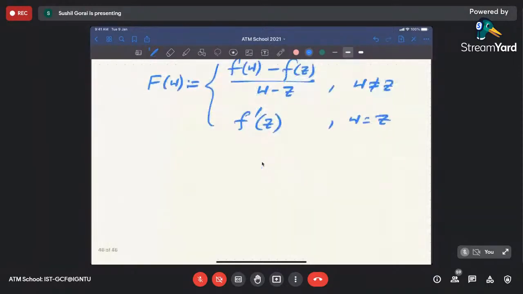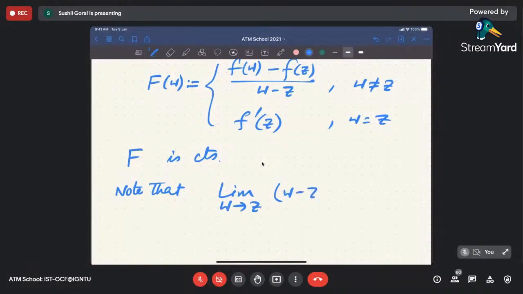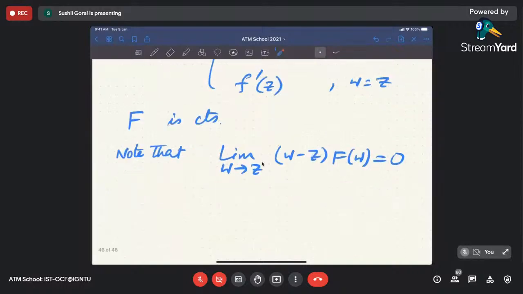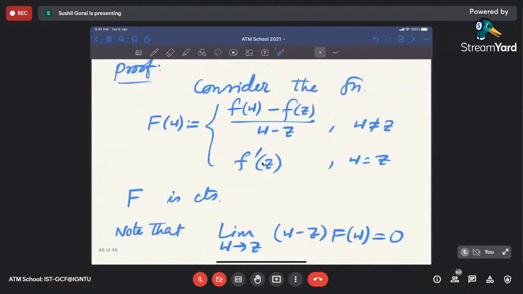So capital F is continuous, but you don't know whether it is holomorphic, right? But note that the limit as w tends to z of (w minus z) capital F(w) is 0, right? So this limit, remember? Yeah. So this plays an important role here.